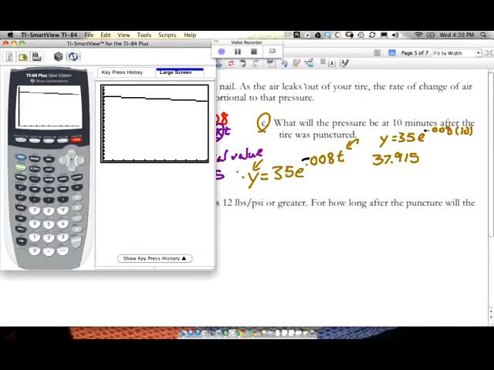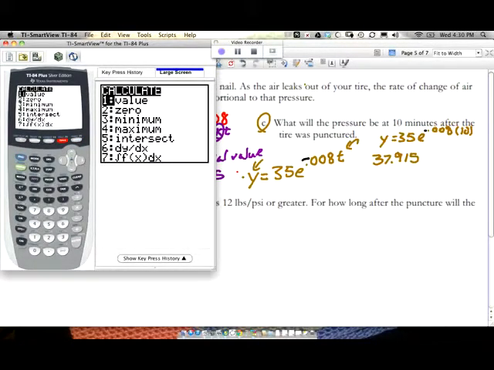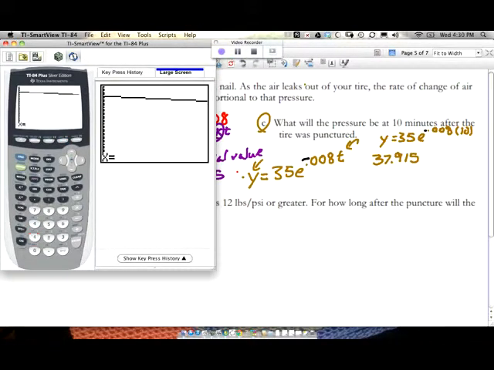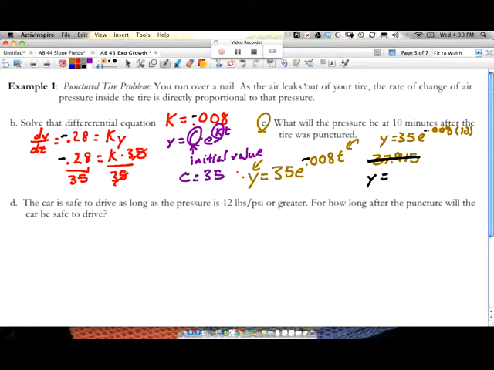I could calculate that value. So I'm going to do second calc. I just want a value, number 1, at x equals 10. What do we got? 32.3. So 37.915 is wrong, and 32.3 is what we want. So y equals 32.3. I know there's more decimals than that.